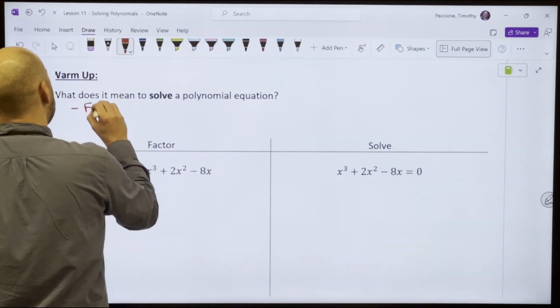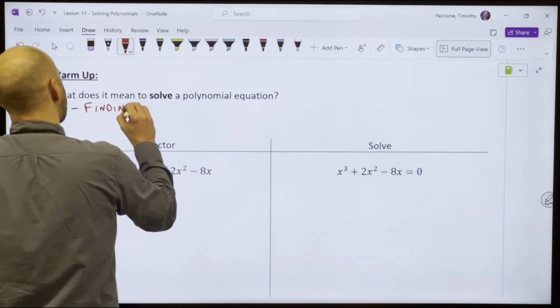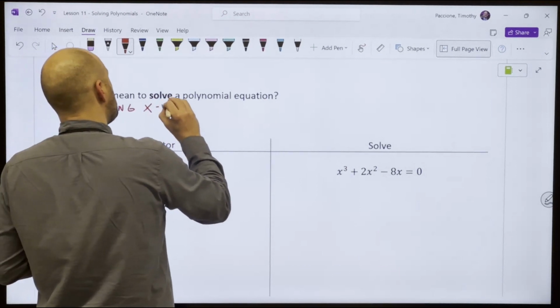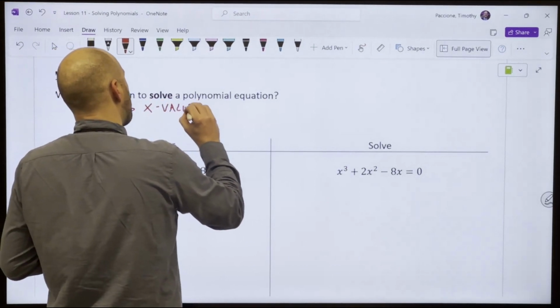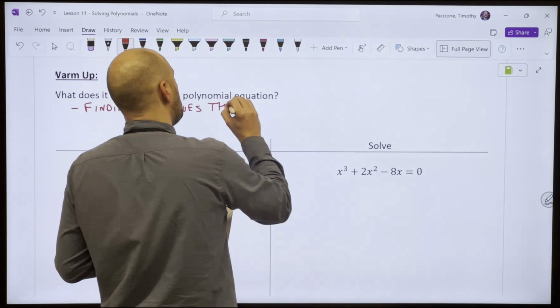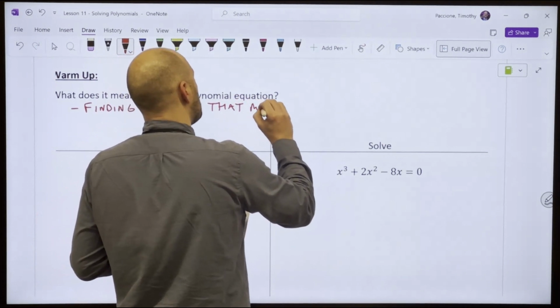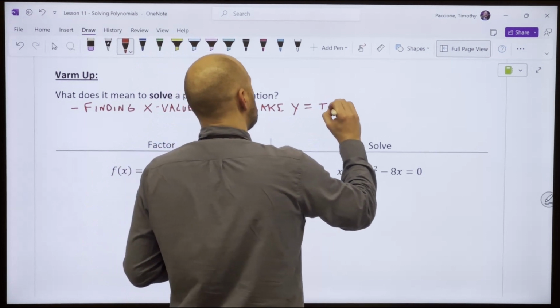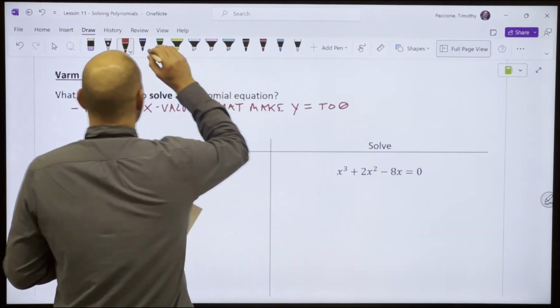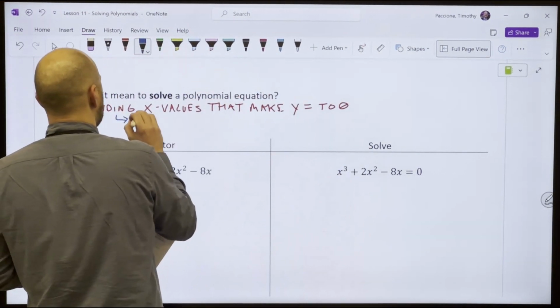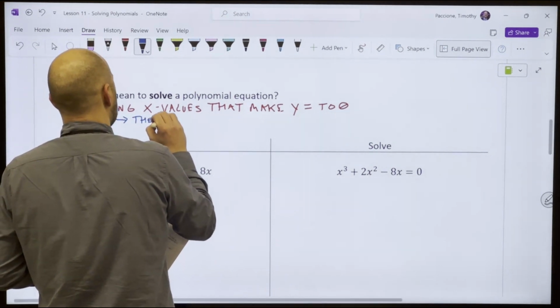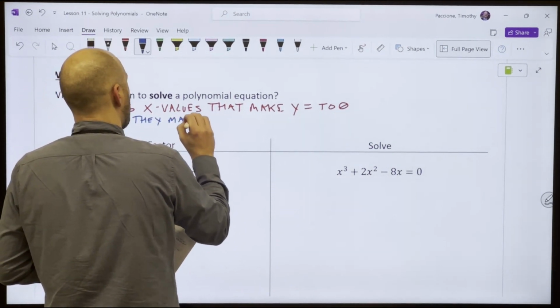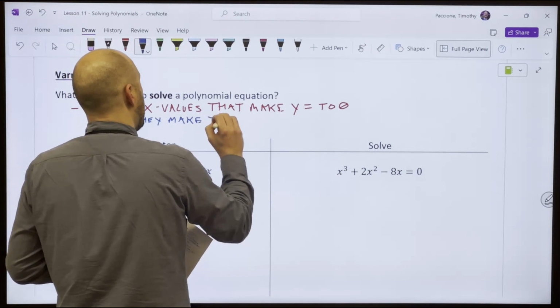So we're finding x values that make y equal to 0, right? They make that situation true.